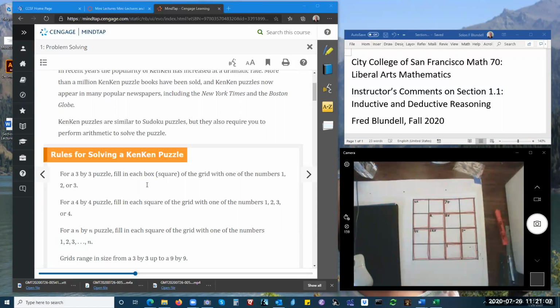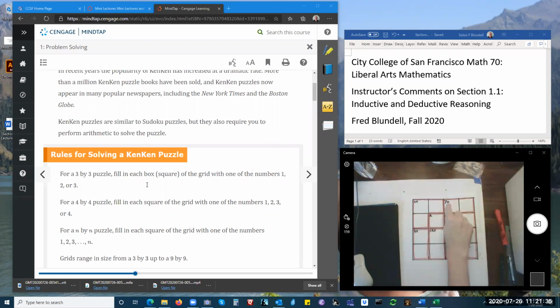It would be 2 times 3 times 1, or else 1 times 2 times 3, or you could put them in any order here. It doesn't matter as long as the 3 numbers multiply to make 6. You could repeat numbers diagonally like this. That's okay. So that's the whole thing.